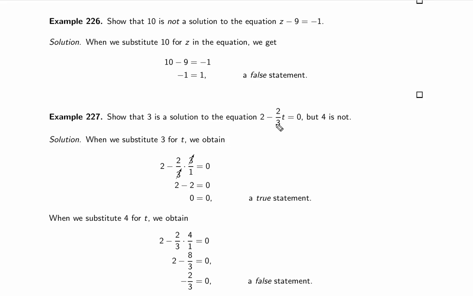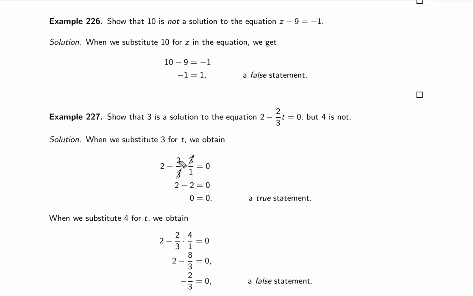So we have negative 2/3 times 3. Multiplying a fraction by a whole number, you write that 3 over 1. So 2/3 times 3 over 1, and the 3's cancel.